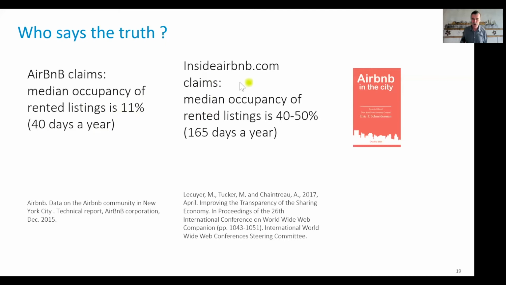But then there is a user association called InsideAirbnb.com that had different statistics that say the median occupancy of the rented listings is 40 to 50%. So there was a large dispute in the press about why is one giving 11% and the other 40 to 50%. And depending on which political agenda you had, if you are paid by the Airbnb lobby, you would go for this one.